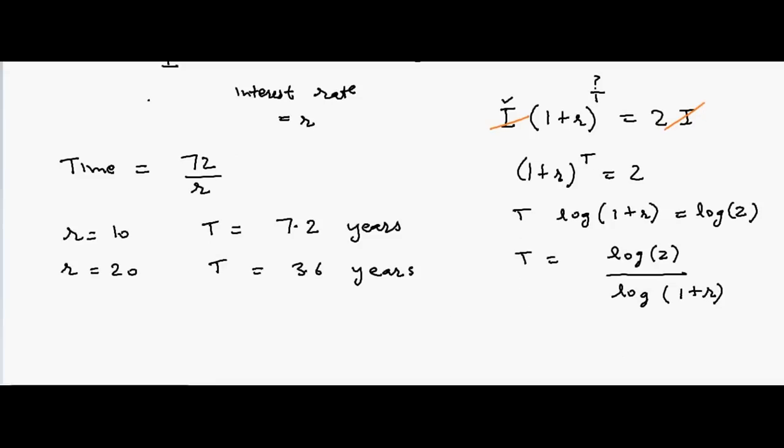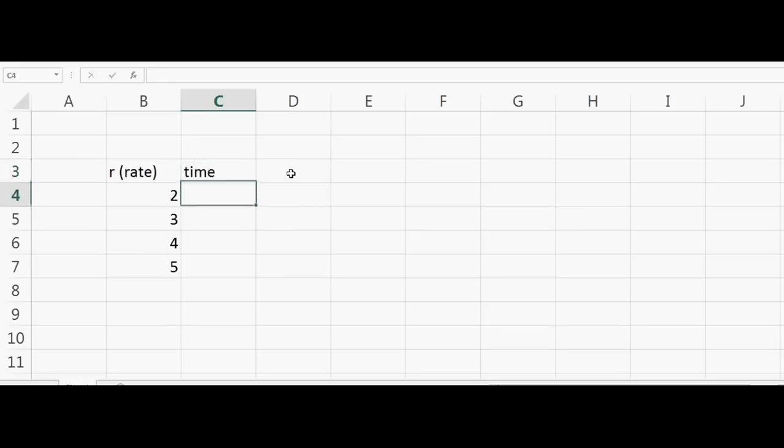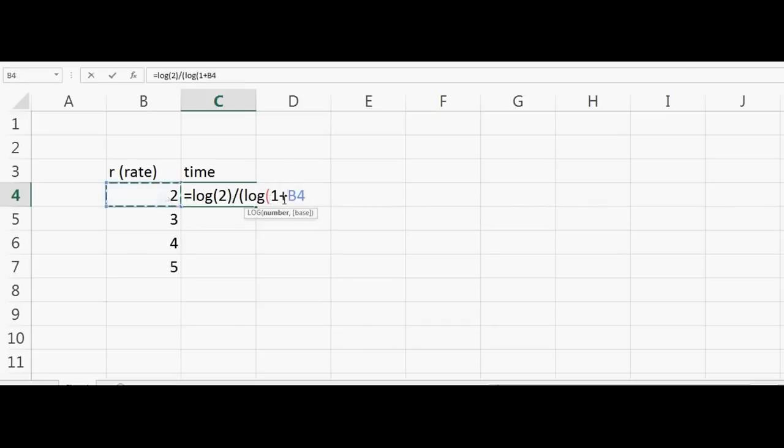Suppose we have R, and we start with 2, 3, 4, 5, so this is the rate of interest, right, and then we have time, so time should be equal to, as we calculated before, log of 2 divided by log of 1 plus R divided by 100, because this is in percentage, right? So it says 35 years, right?